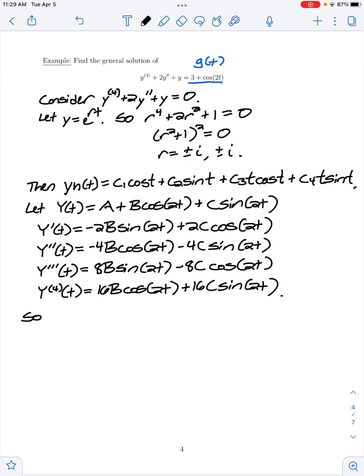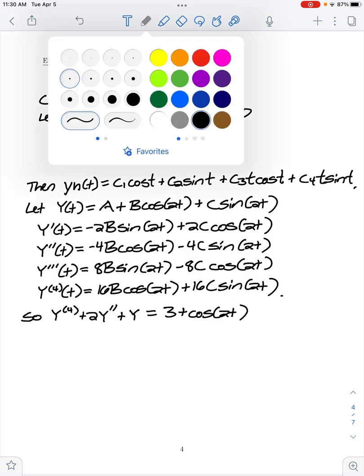So substituting these expressions into our non-homogeneous equation, we're looking for the fourth derivative plus 2 times y double prime plus y, and that needs to equal our g of t function, 3 plus cosine of 2t.